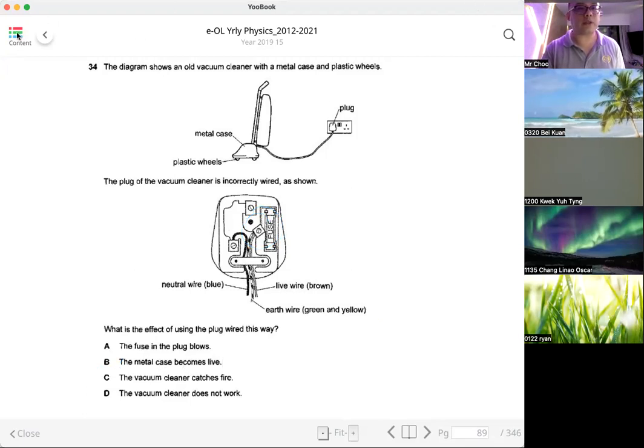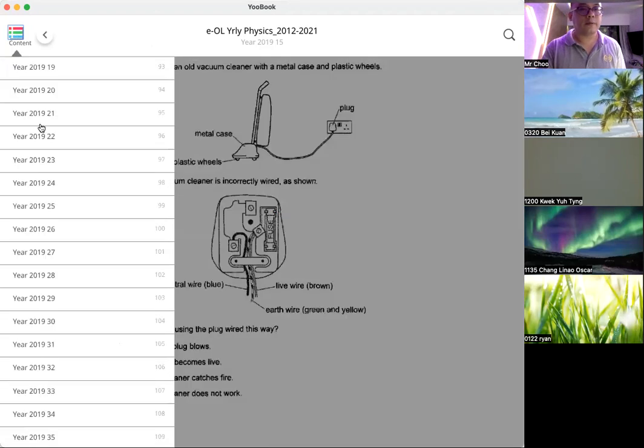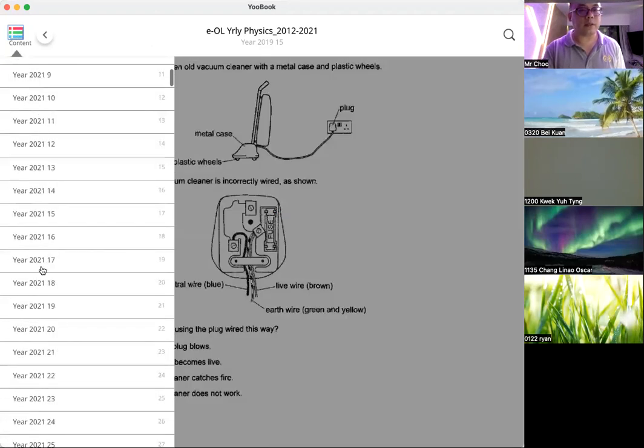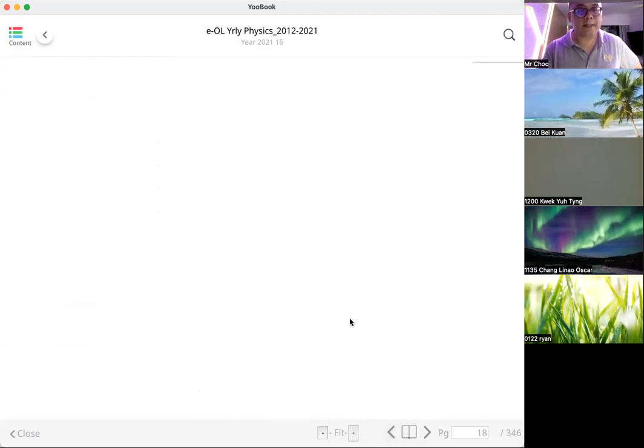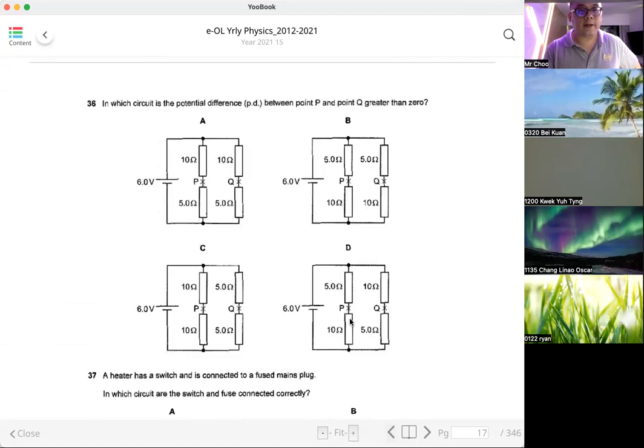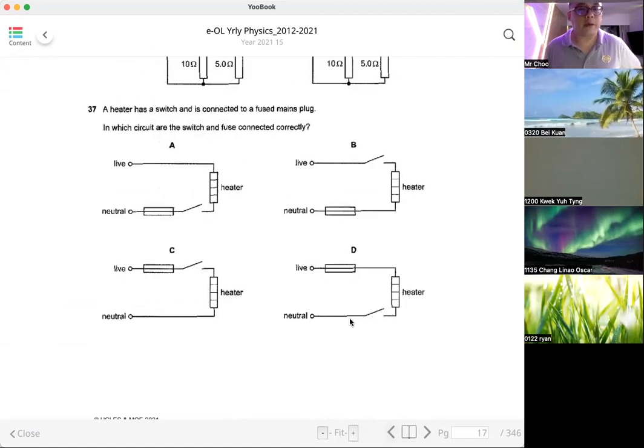The very last question for today. Last year's paper. Let's try this question. Okay, you may begin. This is a simple question. What is your answer?